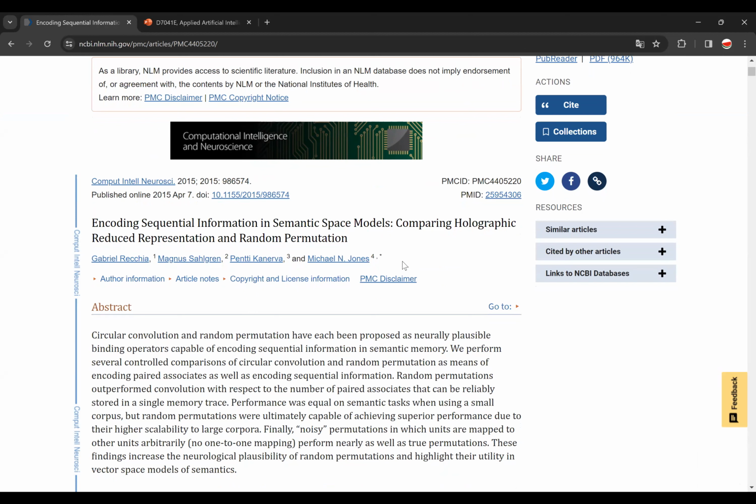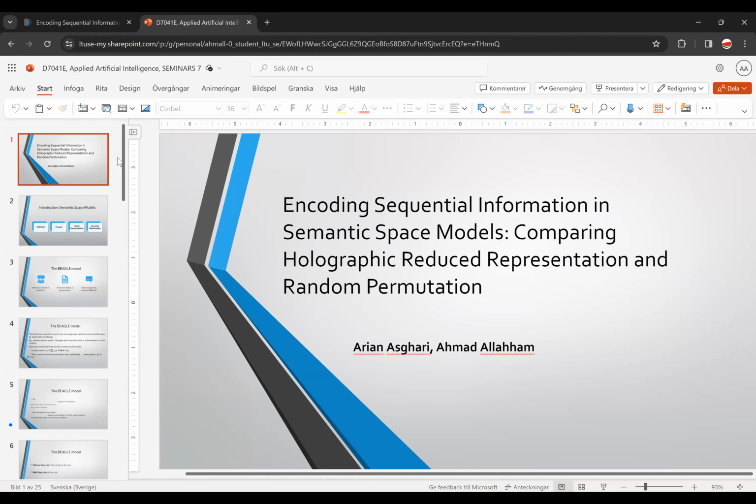The role of circular convolution there plays a similar role to the permutation. So it's actually pretty much similar. Just a comment. Maybe it's not much of a question, but more of a comment.